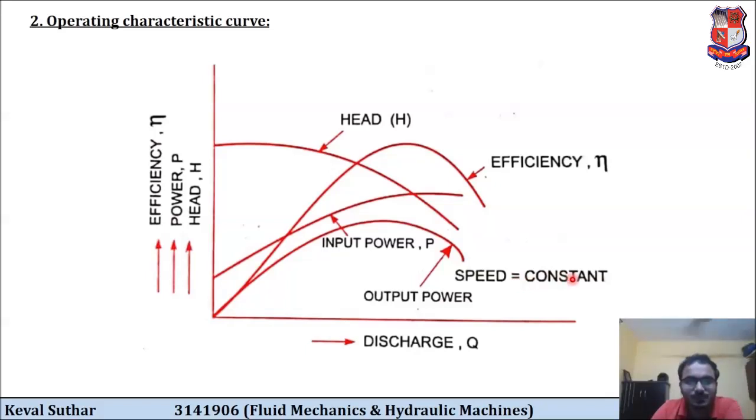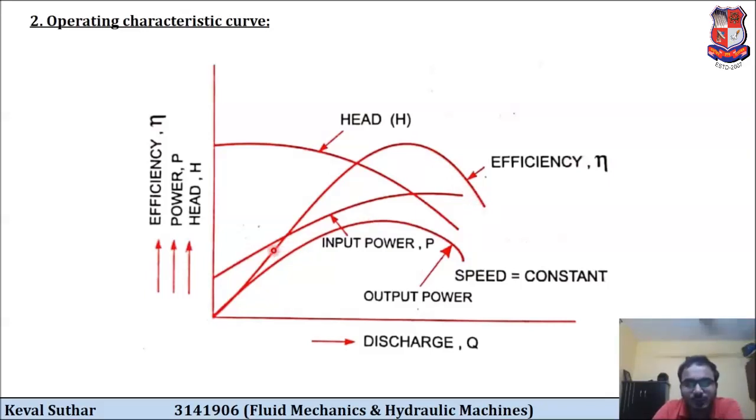As you can see, first for head, as Q increases it initially remains almost constant, and then head decreases with increase in discharge. Then if we see the efficiency, as Q increases, efficiency increases, reaches the maximum value at some particular discharge, and then starts decreasing.